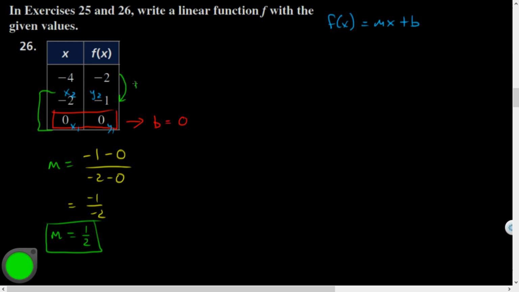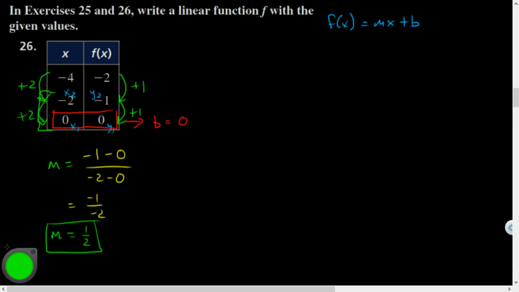This one went up 1 for the y, and it went over 2 for the x. Rise, run, rise, run, rise, run. So you actually can use patterns in your table to try to figure out slope as well sometimes. And also notice it did the same thing here. Up 1 and over 2. I'm saying over 2 because the x is the horizontal axis.